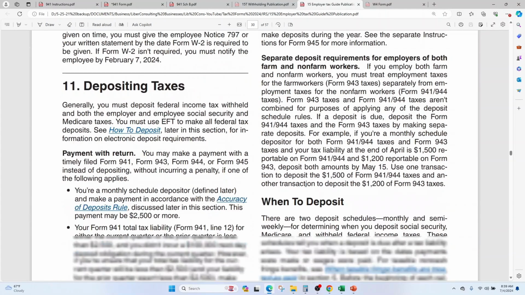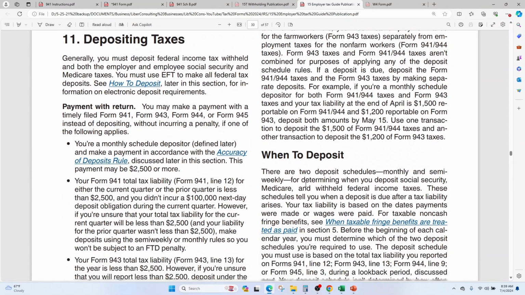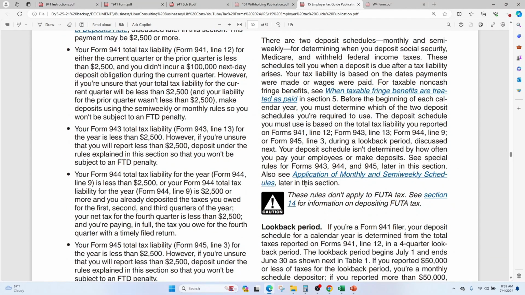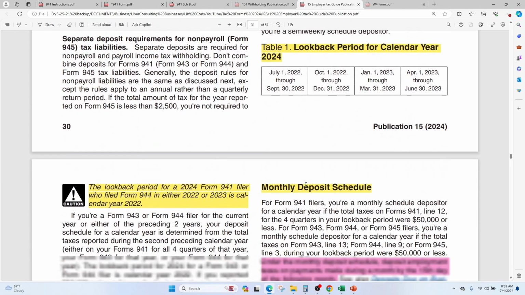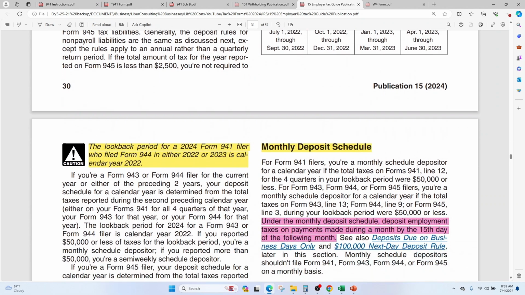Okay, we'll come across the monthly one somewhere. But anyway, let's go to page 32. Okay, so the monthly deposit is by the 15th of the following month.